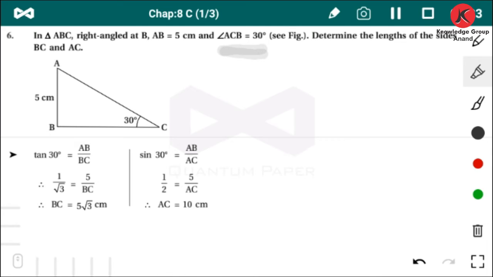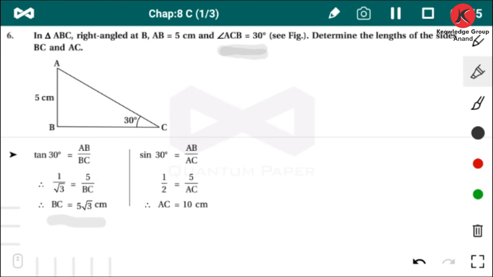The value of tan 30 is 1 upon root 3, which is equal to AB upon BC, that is 5 upon BC. Then BC is equal to 5 root 3.